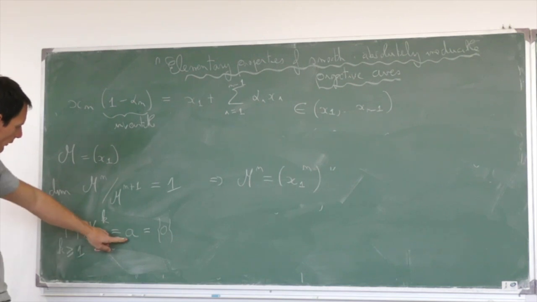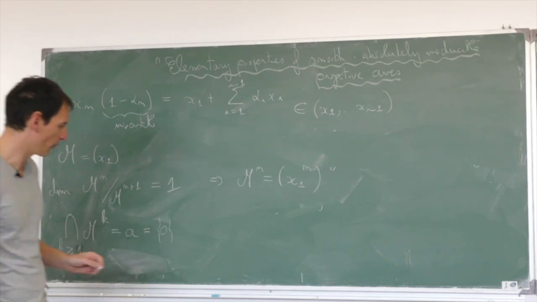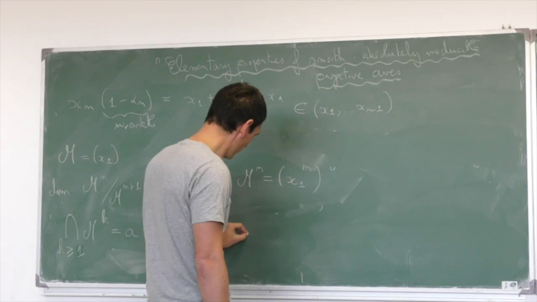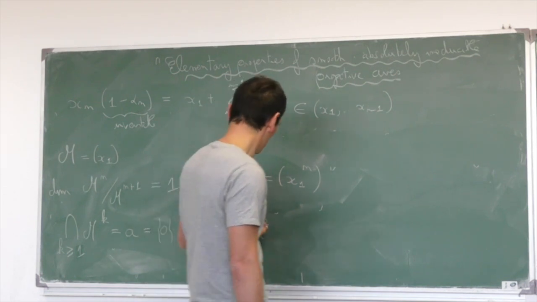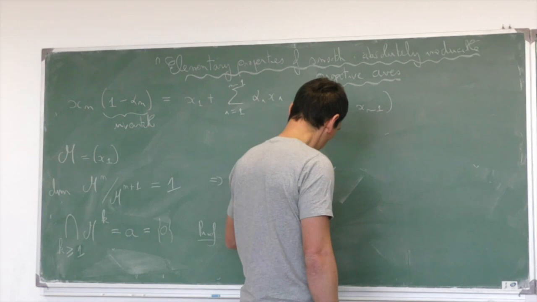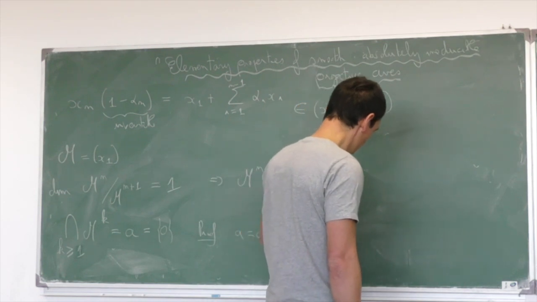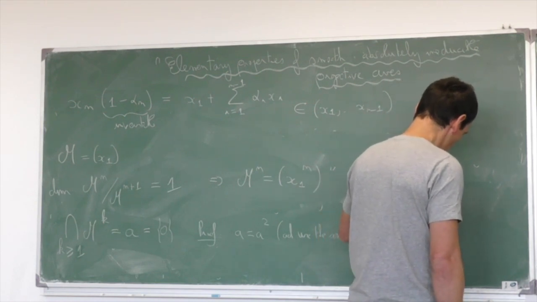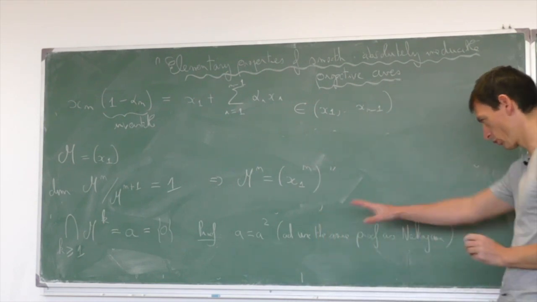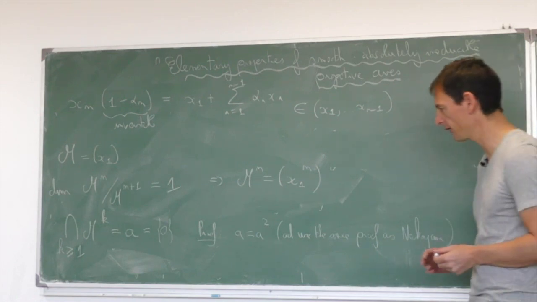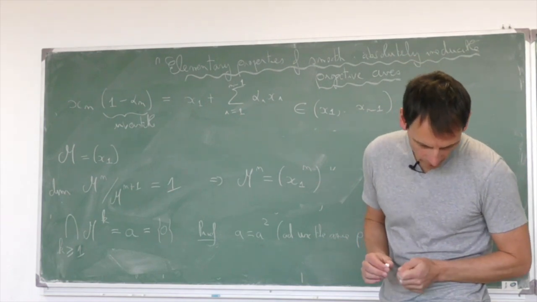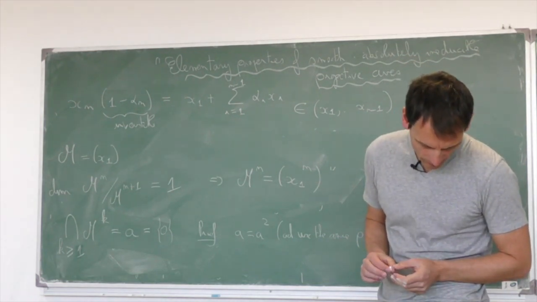The idea is just to say that A is equal to A squared. So the proof is again to say that A equals A squared and use the same proof as Nakayama. So just do the exercise here and you will find it. Okay, and now what more?